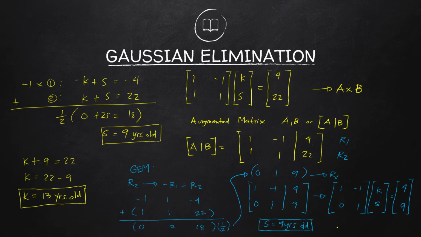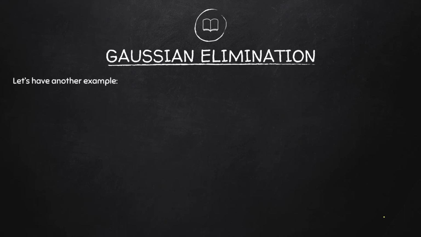And to solve for the value of K, we can also again use back substitution, and we will arrive again with 13 years old. So that is how you use Gaussian elimination. Okay, so let's have another example.